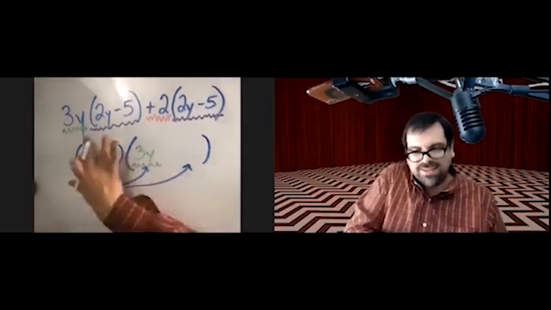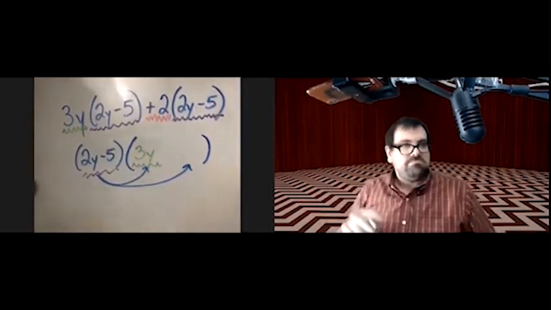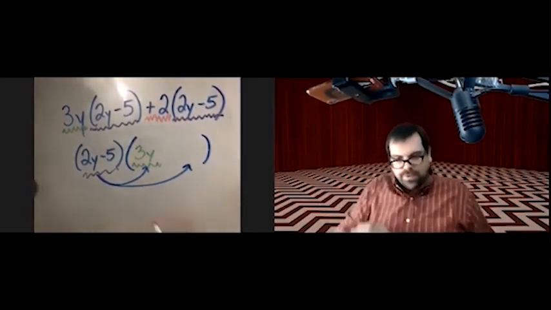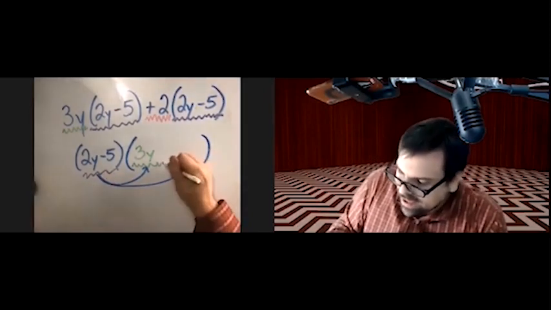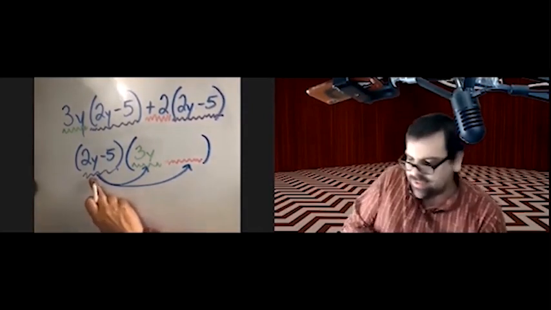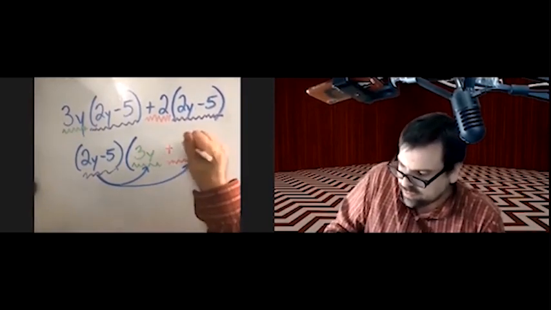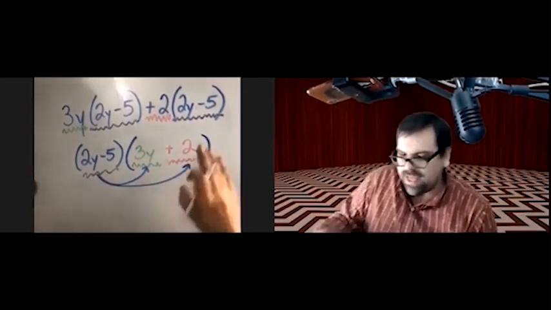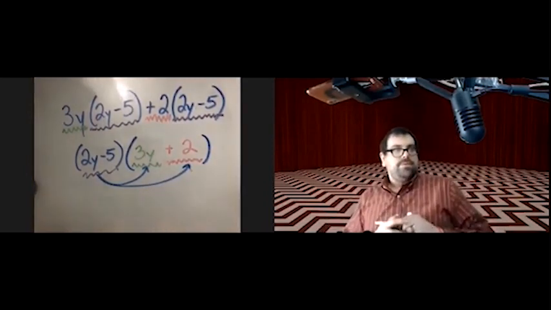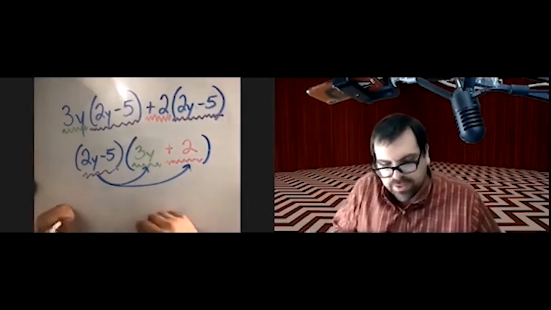That times that is that times that. Literally, that times that is that times that. This times what is this times that? Literally, positive 2. This times that is this times that. Hope you see how we did the distributive property in reverse here.